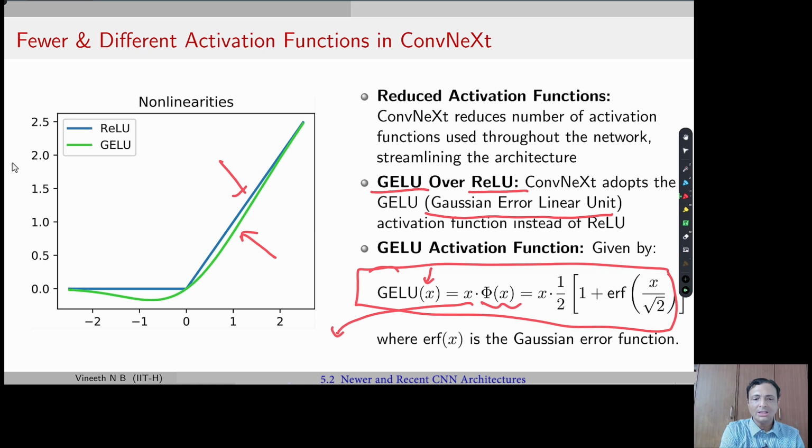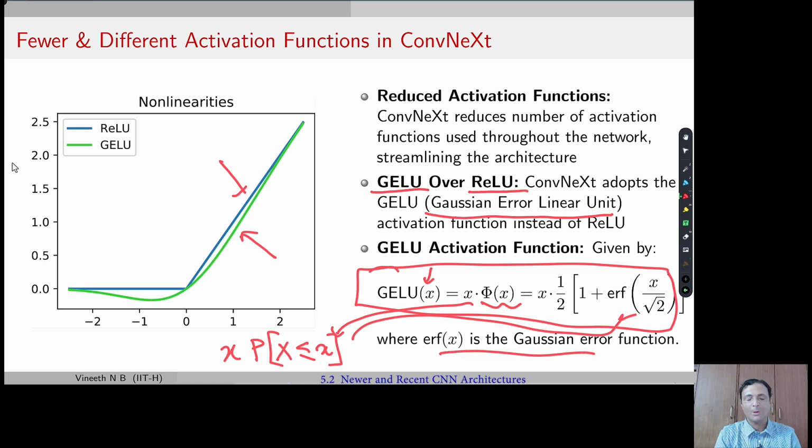One could also view this as x times the percentile of x, the probability and the percentile of values below this particular value of x, which can be expanded in terms of the Gaussian error function, which is a standard formula that's well known. If you're not aware of the Gaussian error function, I'd recommend you to look up Wikipedia or any other online link to understand the ERF function. But this smooth approximation of ReLU yields improvements over the use of a ReLU activation function by itself.